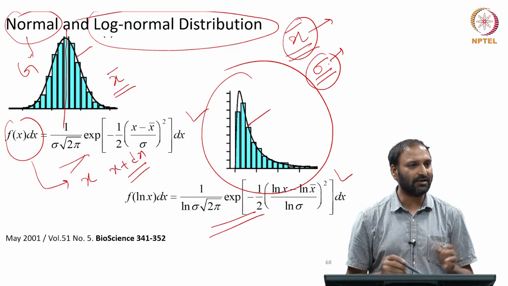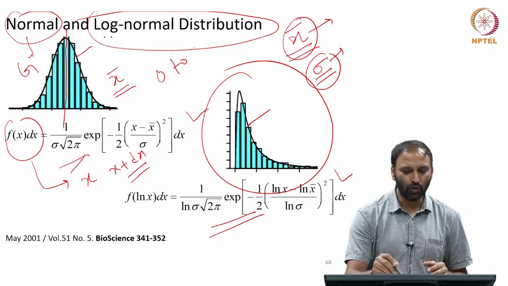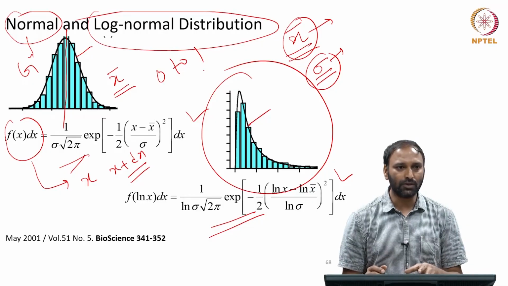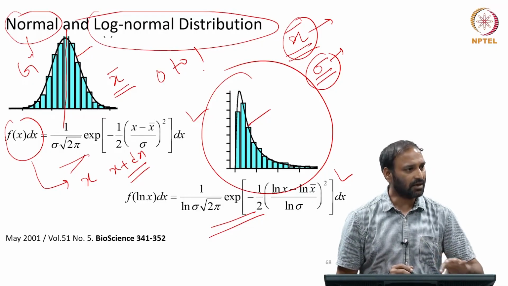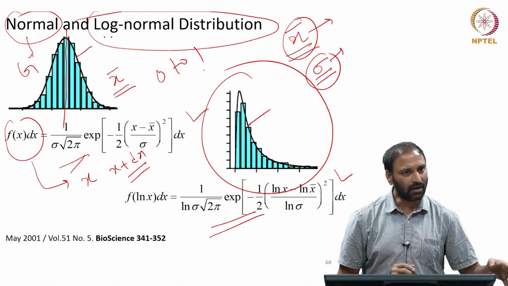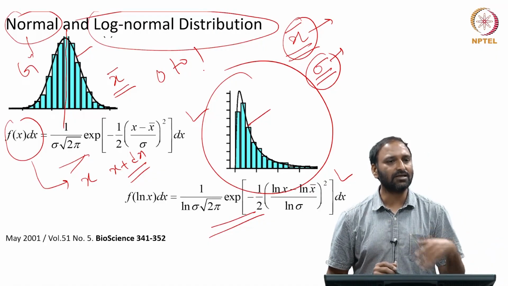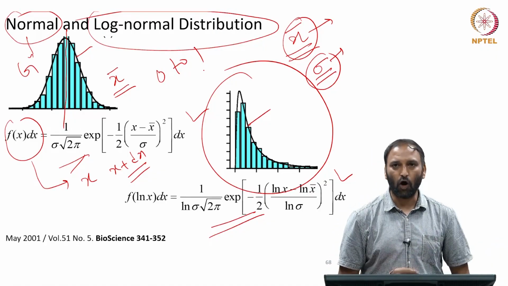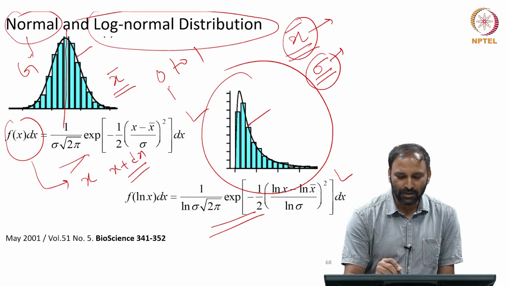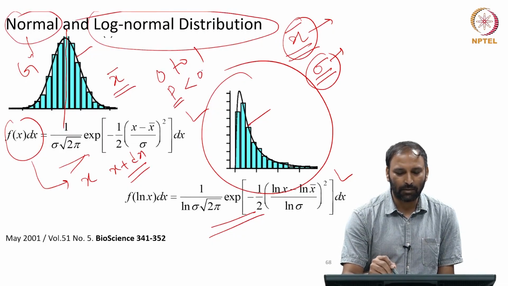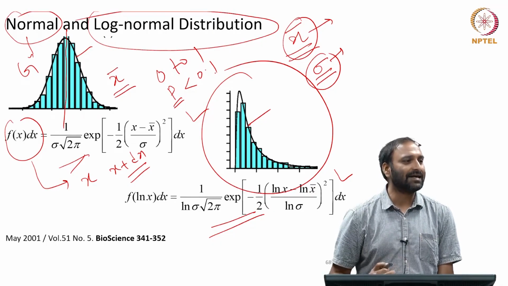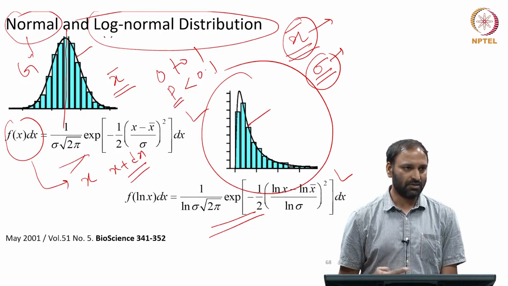This polydispersity index typically varies from 0 to 1. The closer to 0 it is, the more monodispersed the sample is, and if the values are larger, then it is polydispersed. Typically, for all practical purposes, if your polydispersity index is less than about 0.1, you can practically consider them to be monodispersed samples.